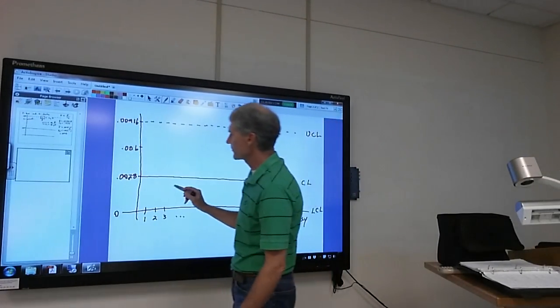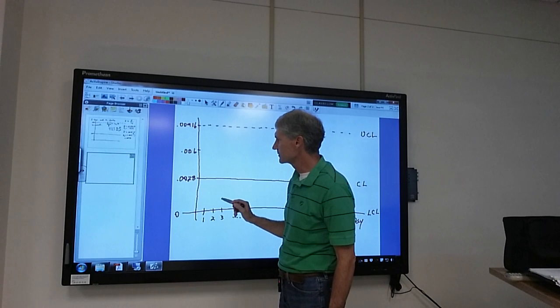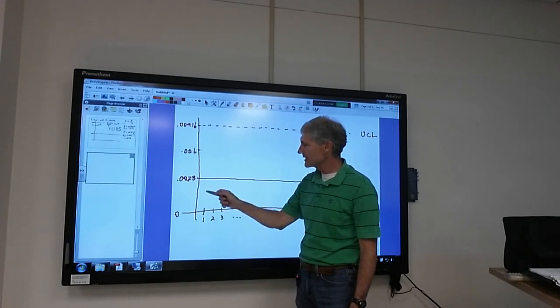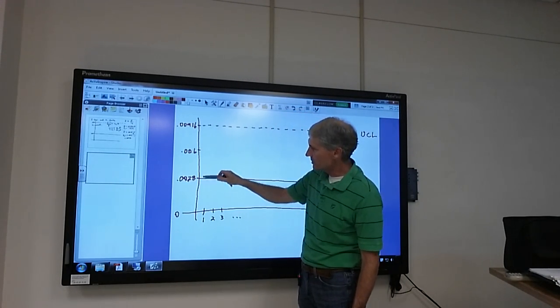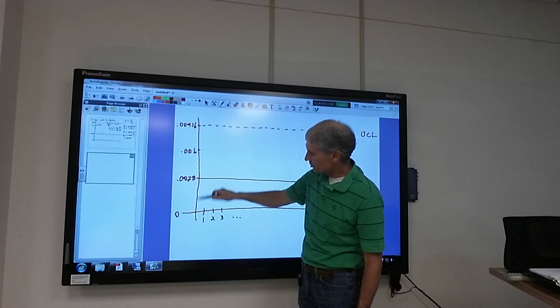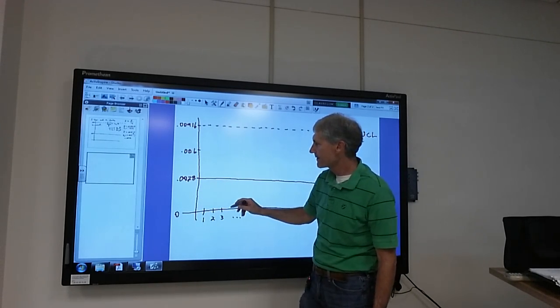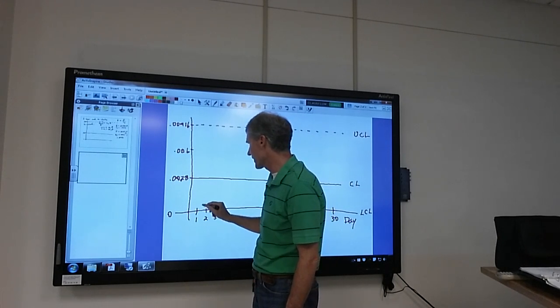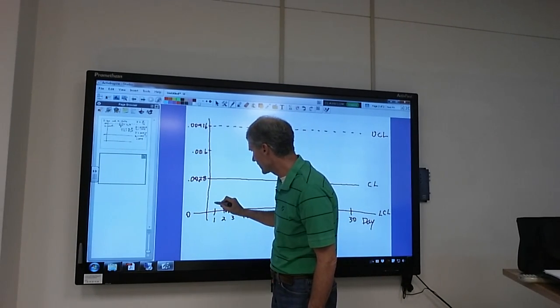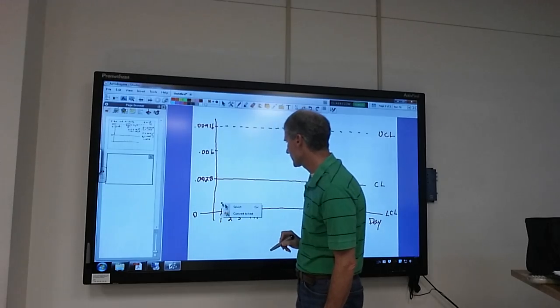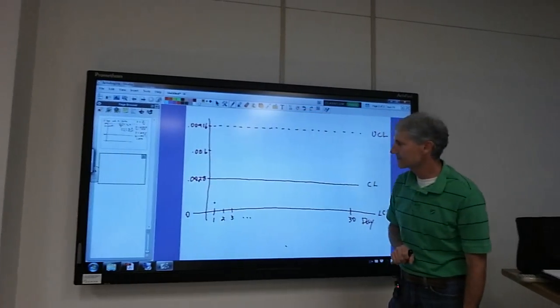So read to me that first one. 0.0007, which is pretty low on this chart. It would be about a fourth of the way up there. So we'll put a dot right there. Okay?